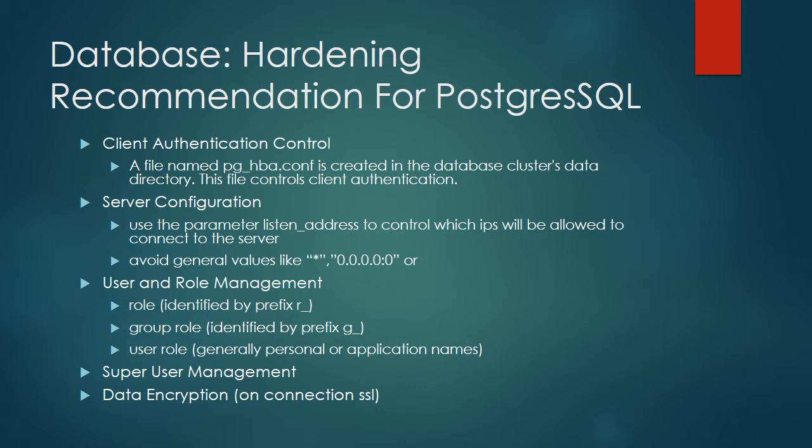Changing the port that Postgres SQL will listen on, which by default is 5432, is also an option. You can do this by modifying the value of the port parameter.